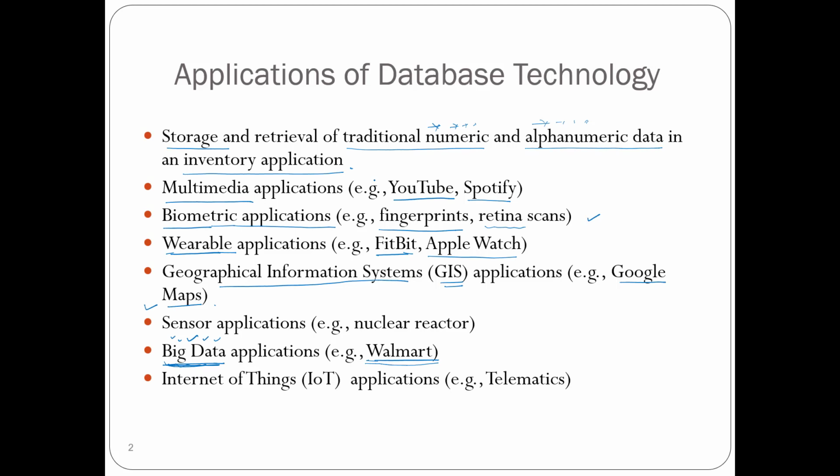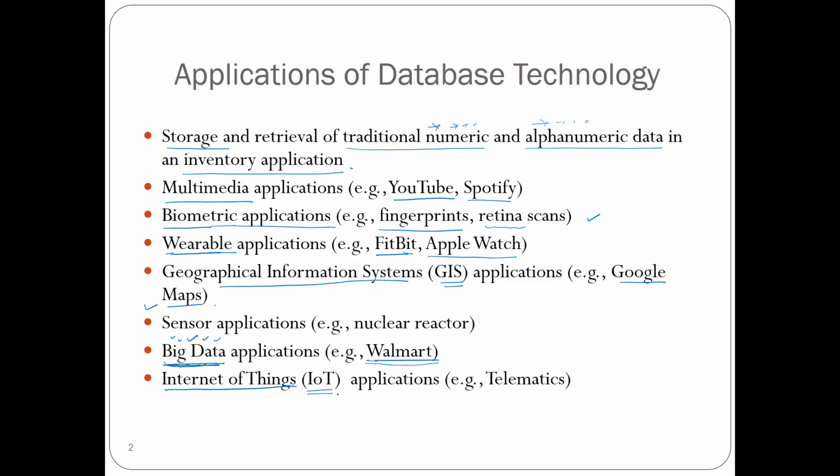And then, well, these things are comparatively new, I would say, like Internet of Things. You can put some devices in your house, and those devices are smart devices. They will probably measure the temperature outside, and on the basis of that, they will adjust the room temperature inside.